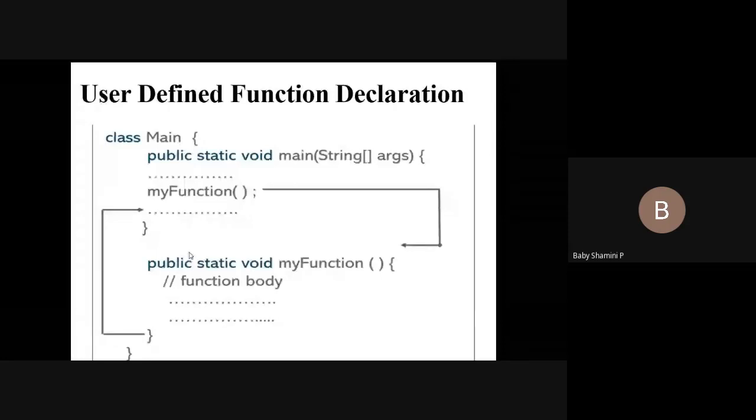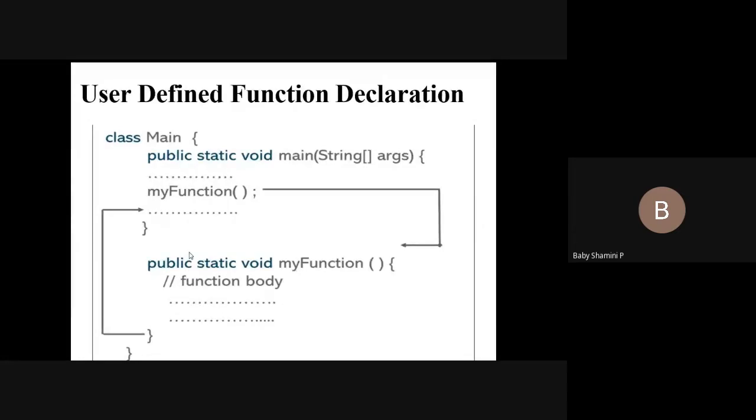Next one is user-defined function. Based on our requirements, we have to write the code. Example, I already told an example, a calculator. If I want to develop a calculator application, I can write my own code to develop that application. So what is the syntax?